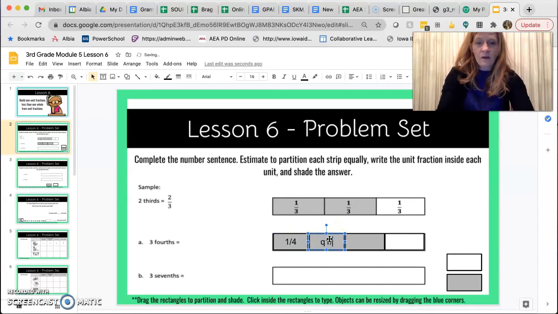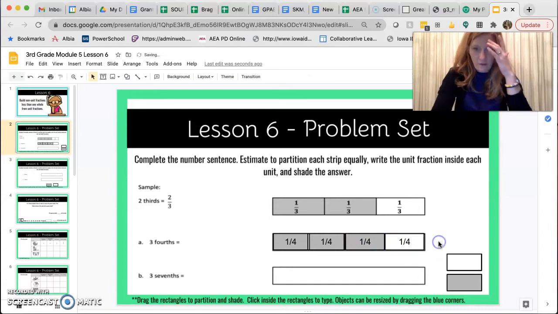This one is worth 1/4. This is worth 1/4, and this one is worth 1/4. But even this one that's not shaded is still worth 1/4. So now I can see that there are 3/4 shaded and 1/4 not shaded.